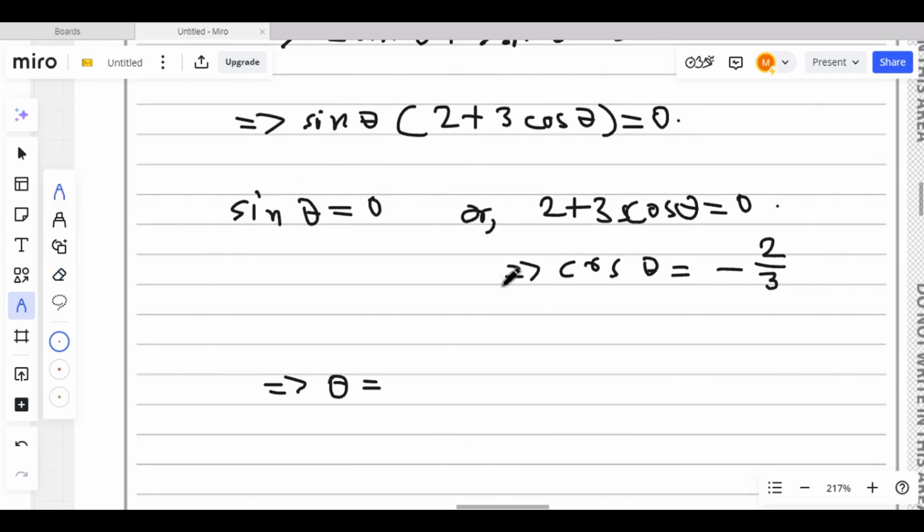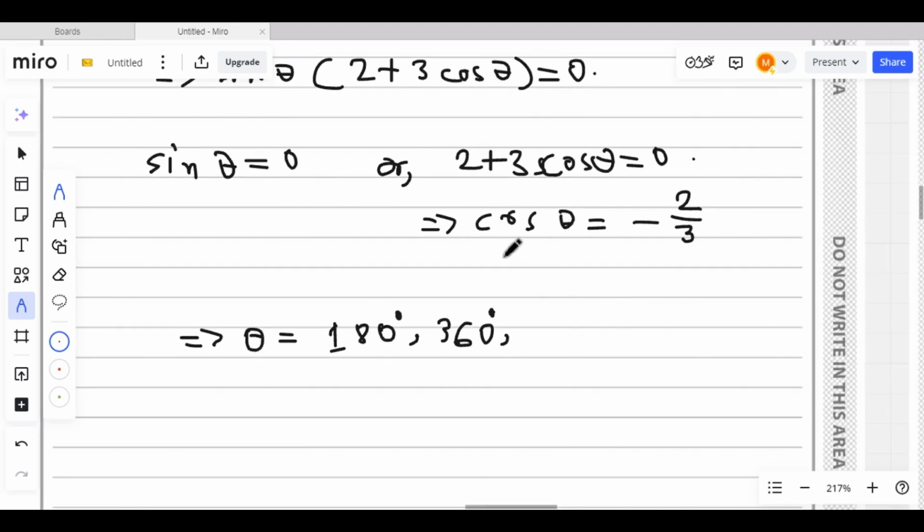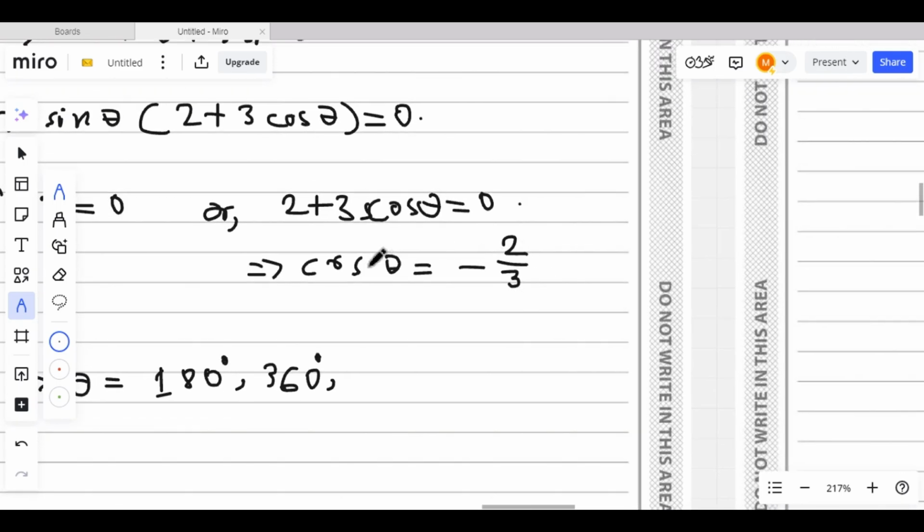Sine 0 degrees is 0, 90 degrees is 1, 180 is again 0. But 180 is included within the interval, so we can write 180 degrees. Again, 360 degrees is also 0, so we can write 360 degrees then.